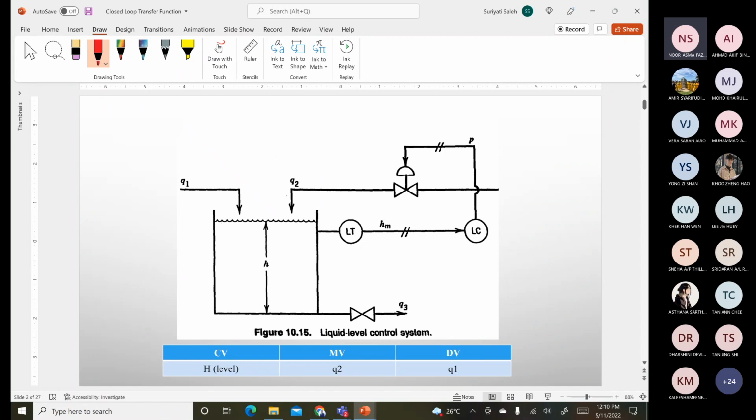So let's say we have a storage tank. So the case study is the storage tank, where you have two inputs, Q1 and Q2. This is your input. And then in the outlet, you have Q3. Since in this case we assume it is a storage tank, then of course when we try to develop the mathematical model, you just involve the overall mass balance.